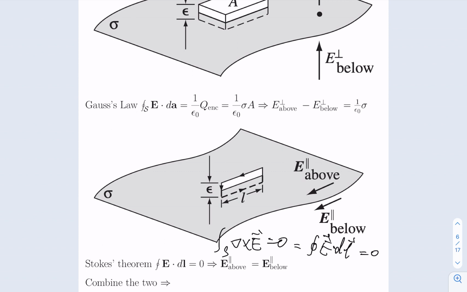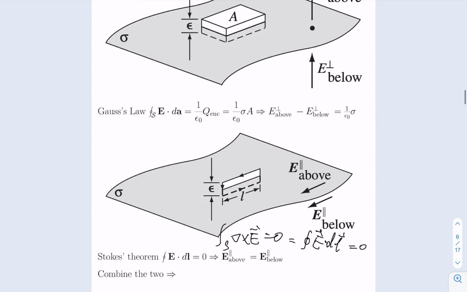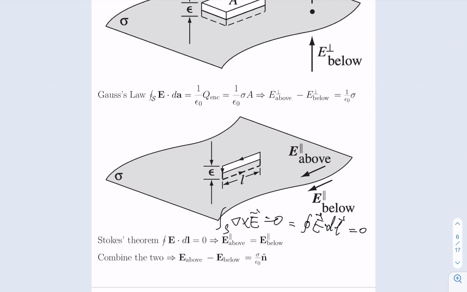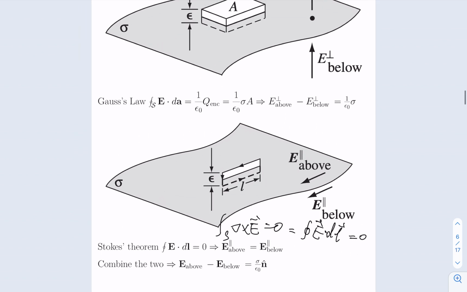So that's all the information for the E field, and we can simply combine them together. If we combine them together, this means that if we subtract the two E fields, that's really along the normal direction, and the factor should be the surface charge over epsilon naught, just as what we get here.